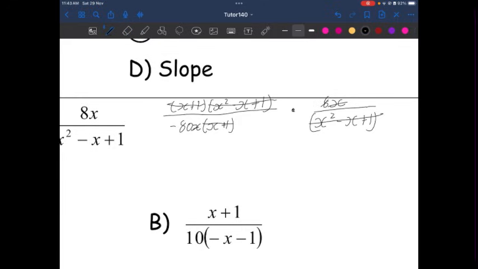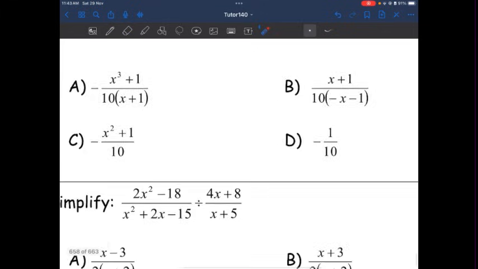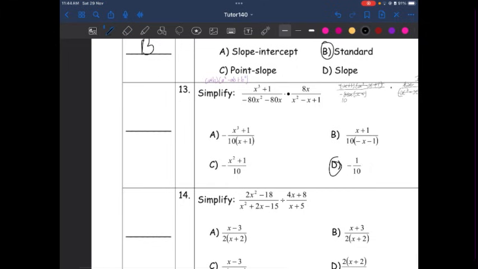Now 8 could go into 8 once, and 8 could go into 80 10 times. So our final answer is negative 1 over 10. This is negative, and then 10 here, negative 1 over 10. So answer is D.